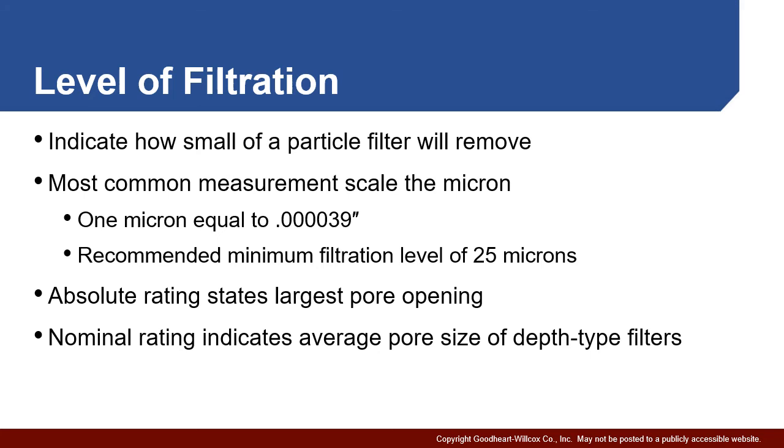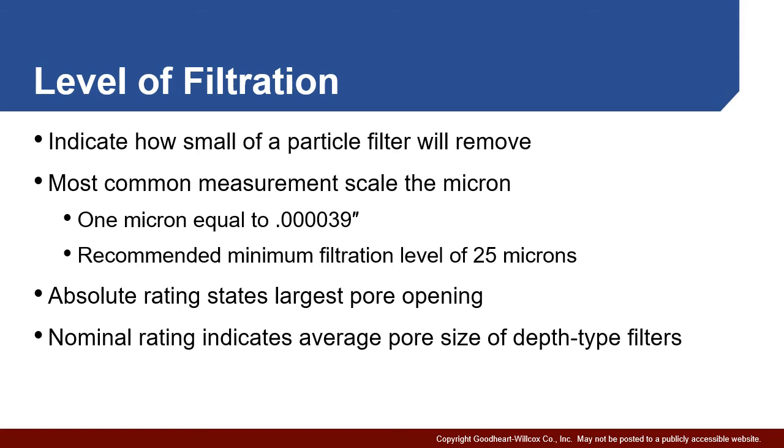We'll see a couple of different ratings. Generally, we're going to see what's referred to as the absolute rating and the nominal rating. This is kind of problematic, that we have two different ratings. Absolute rating will state what your largest pore opening is, so it pretty much guarantees that anything bigger than that is going to get stuck. On the other hand, nominal rating, which a lot of filtration companies use, will actually tell you what the average size it's going to trap.